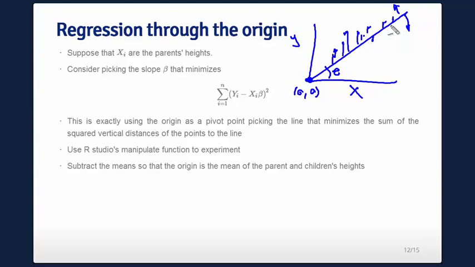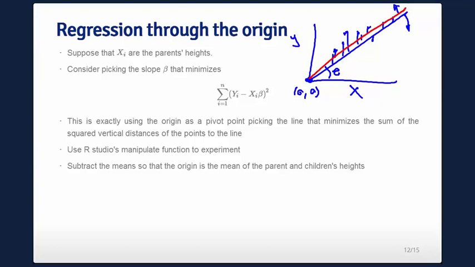The reason I'm tying it down at the origin is that then I only have one parameter to think about: how I move that line in terms of its angle. This one obviously wouldn't be that good, so maybe this one would do a little bit better.